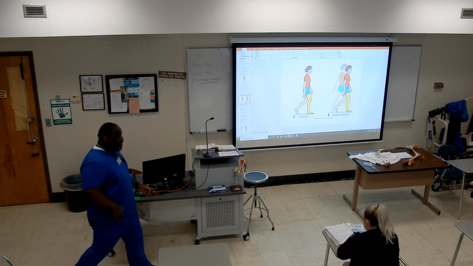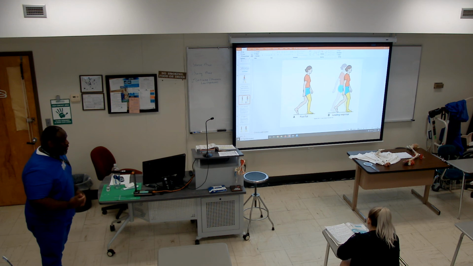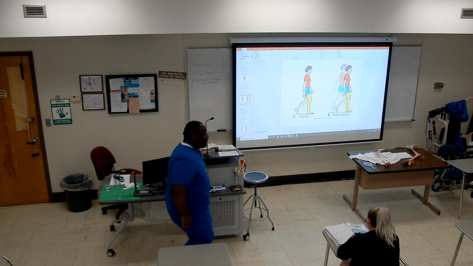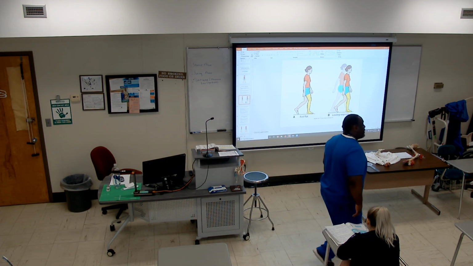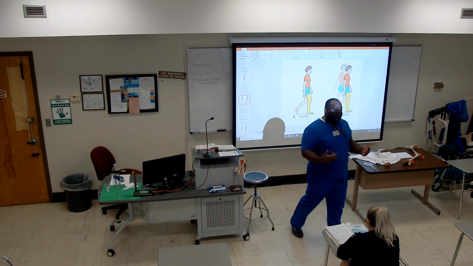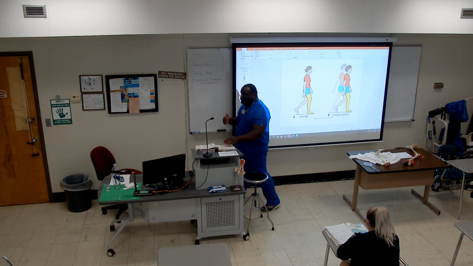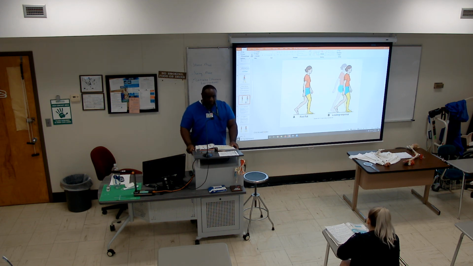Push off gives me the distance. If I don't have it, I get a shortened step length because I have no push off. Make sense? So terminal stance, heel off. Very good.